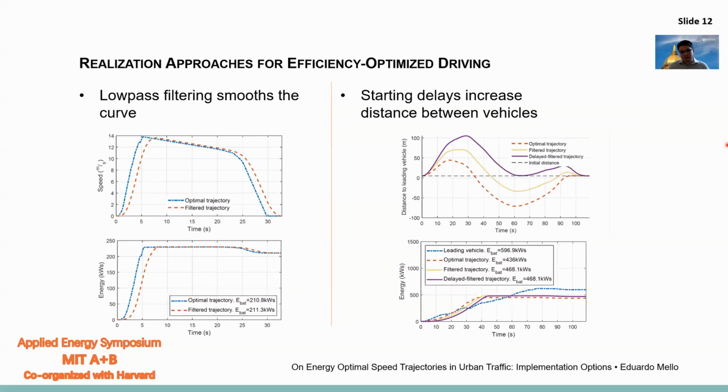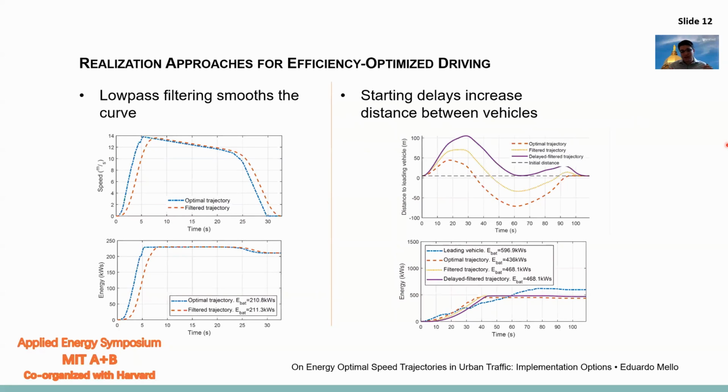On the right, you have a plot that shows the distance between the lead vehicle that's executing a typical trajectory based on FTP75 and a second vehicle executing the optimized trajectory. As you can see, the optimal trajectory requires a large distance between the optimized vehicle and the lead vehicle.